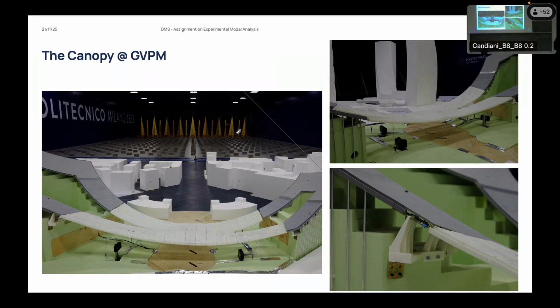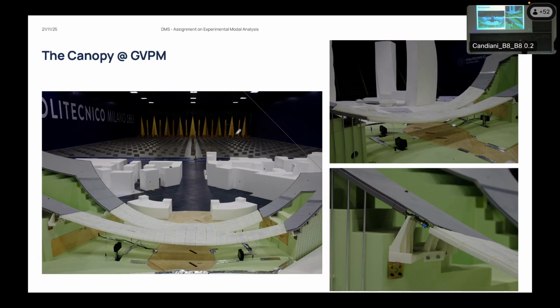Elastic models are, I would say, very time-consuming to be designed and built, because what we want from an elastic model is that it is able to deform and to behave as the real structure, but in a scaled way.